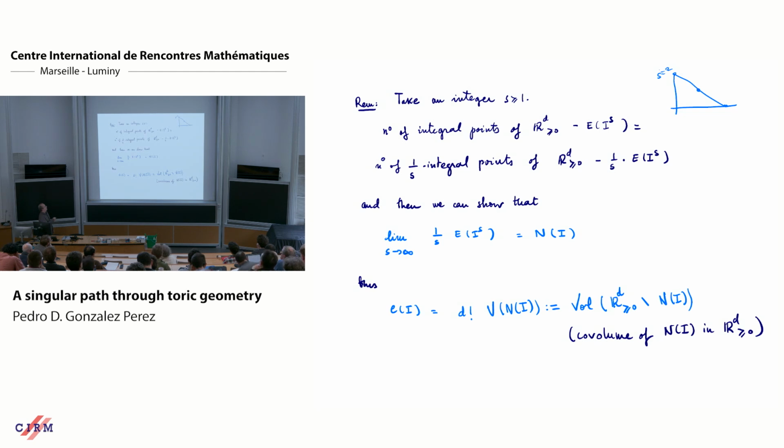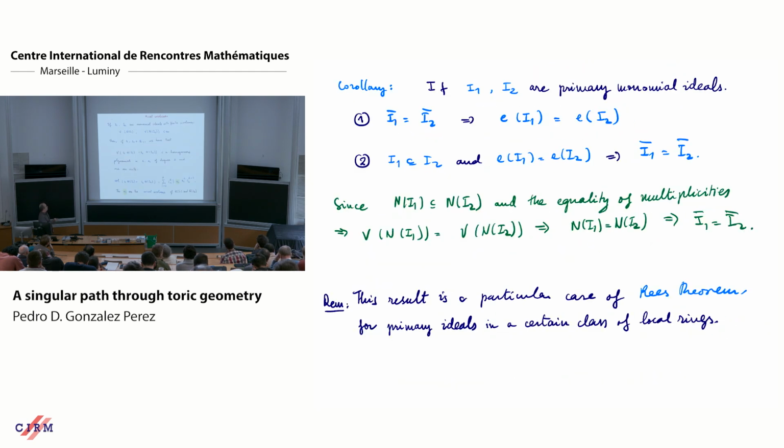And this elementary observation can be used to show that this limit is exactly the Newton polygon of I, and as a consequence, in this case of monomial ideal, the multiplicity of the primary ideal I is defined by this volume up to a factor.